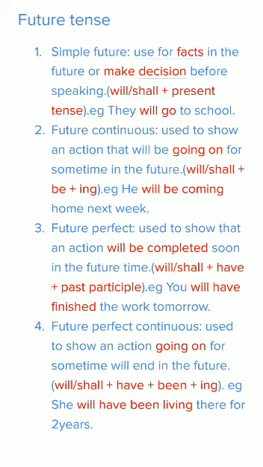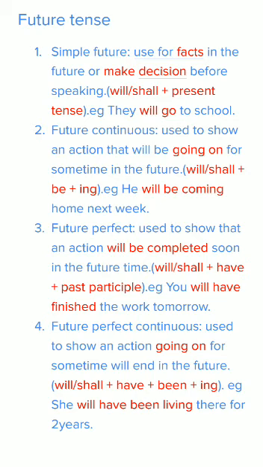And the last one under the future tense is the future perfect continuous. We use future perfect continuous to show an action going on for some time will end soon in the future. Rule is will or shall plus have plus been plus ing to the main verb.